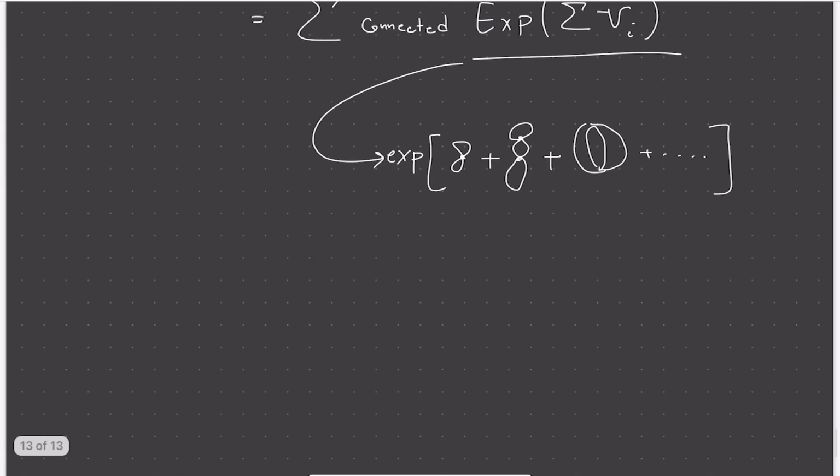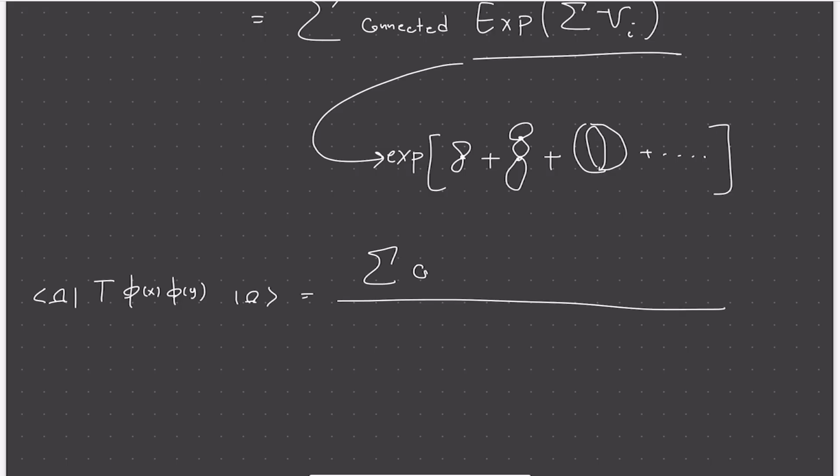So my formula is going to be, this expectation value is going to be the sum of all connected diagrams times the exponential of the sum of all of these bubble integrals.